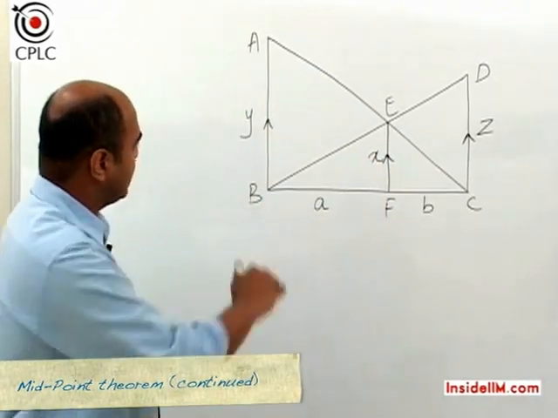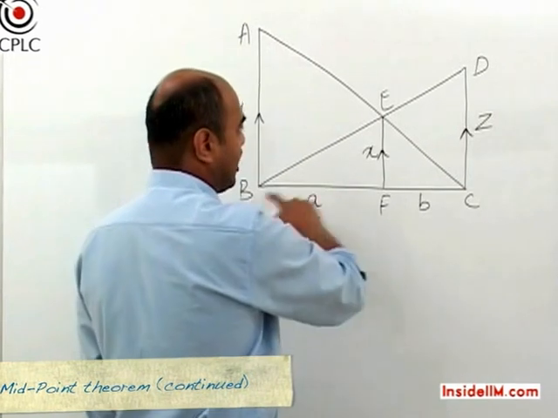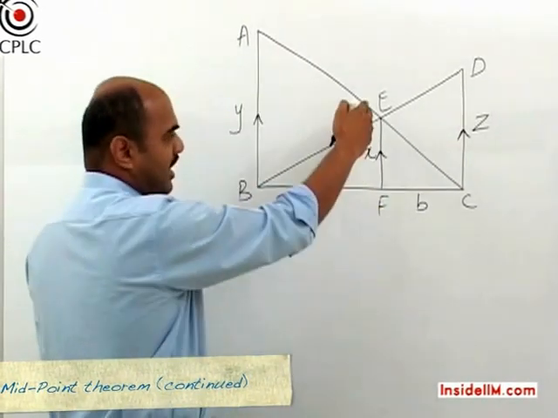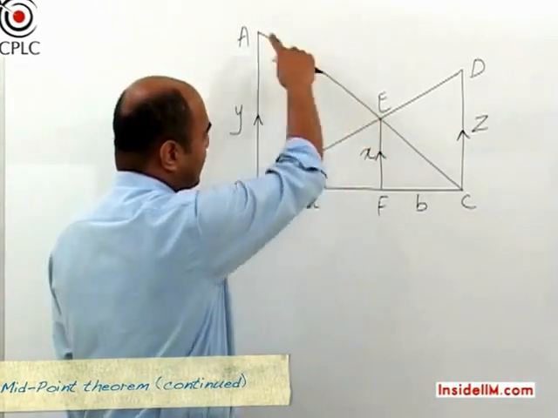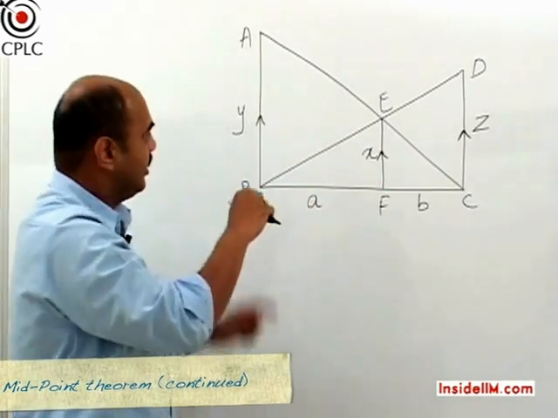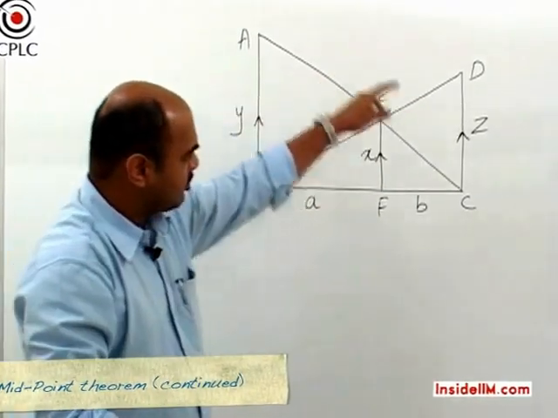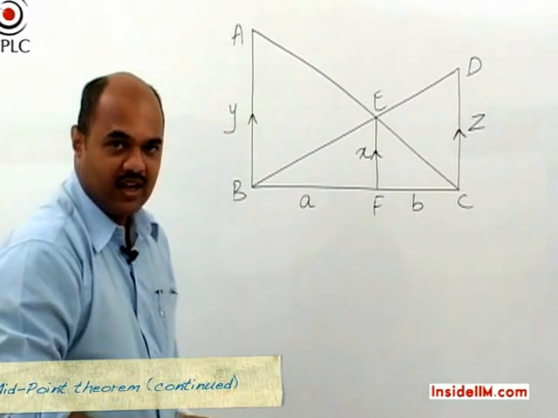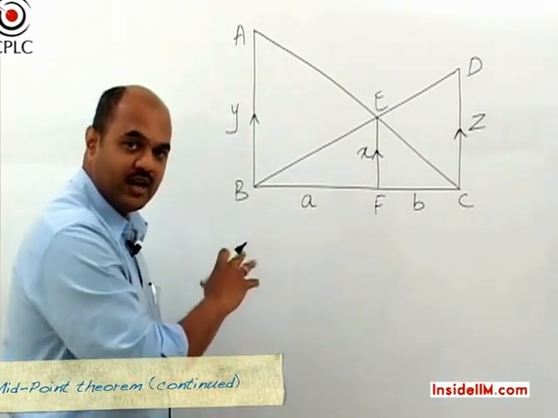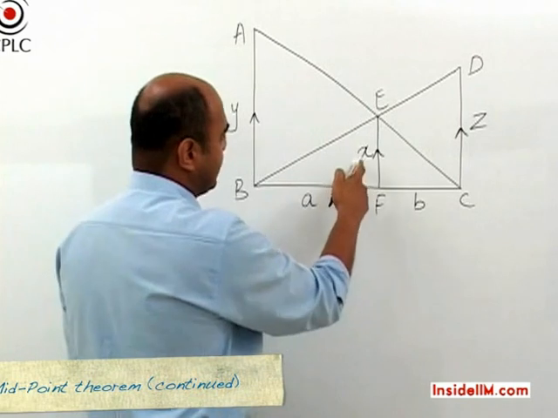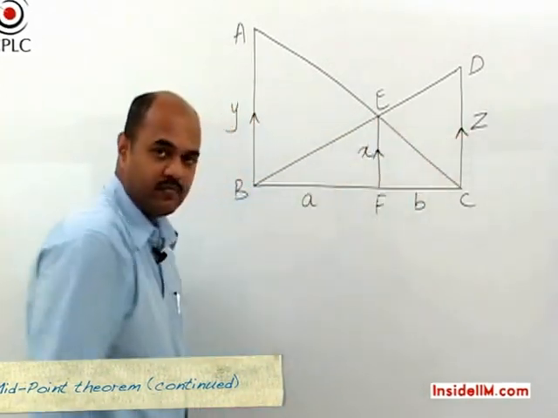So we have these triangles ABC, and we have a triangle BDC. E is the point of intersection of AC and BD. AB is parallel to EF, which is parallel to CD, and we are now trying to arrive at some kind of relationship between these lengths x, y and z.